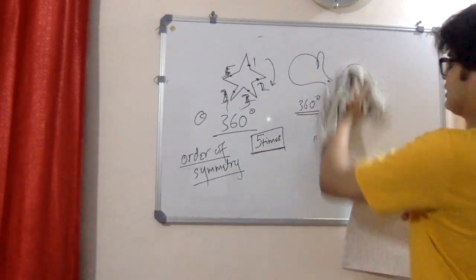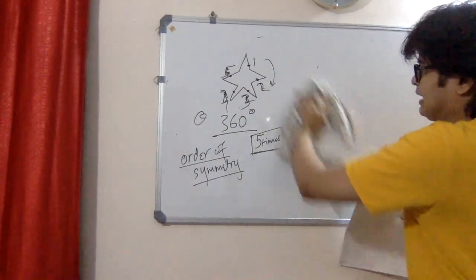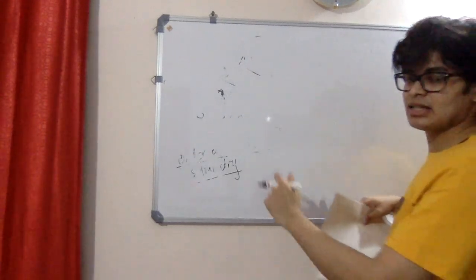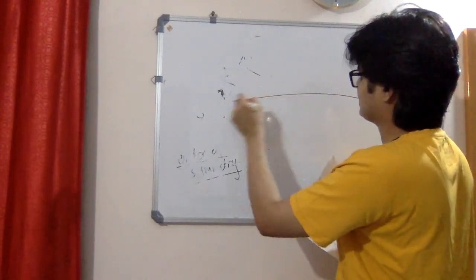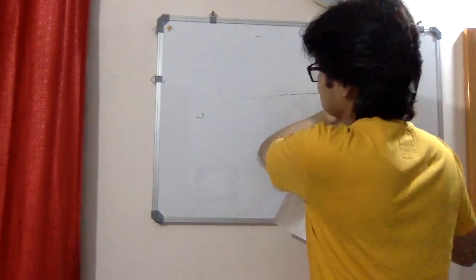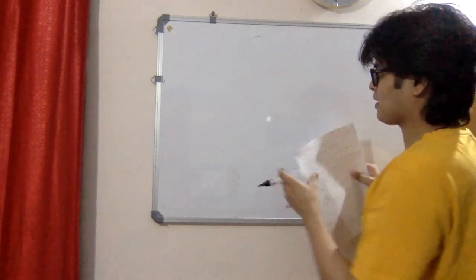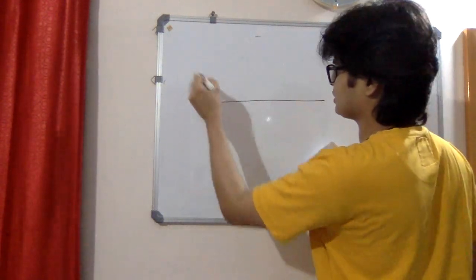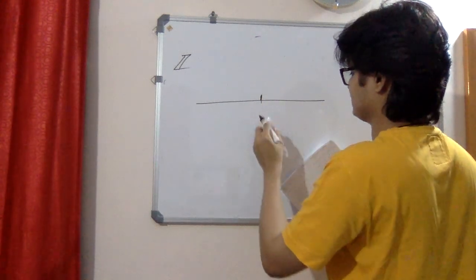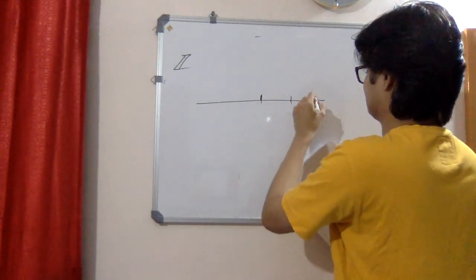Now, another example, if we take the integers, suppose we have these points.